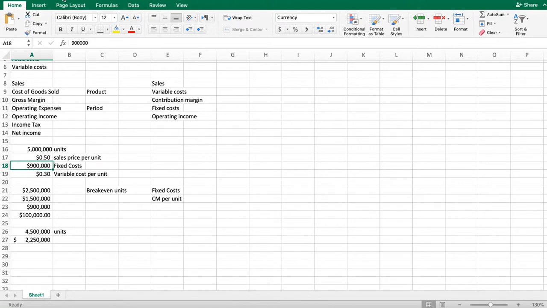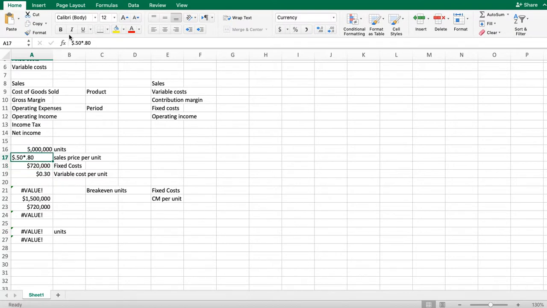All right, and then in number 4, it says a 20% decrease in fixed cost. So 20% decrease, so 900,000 times 80%, 720,000. A 20% decrease in selling price, so 50 cents times 80%.